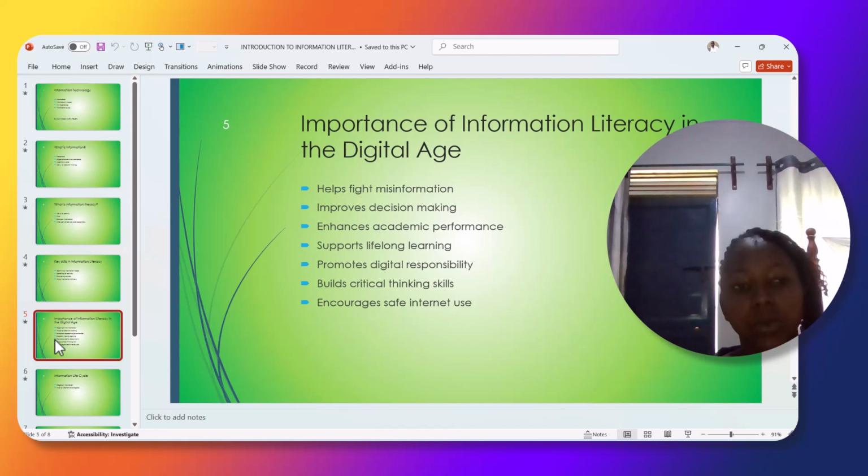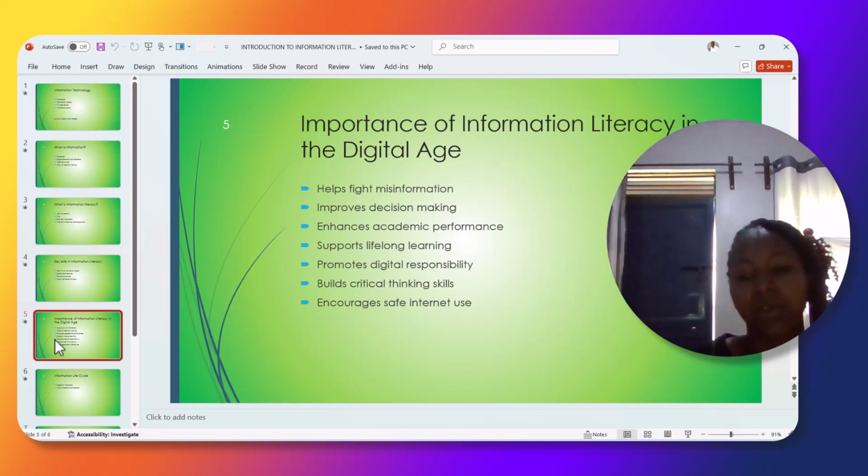You can go to Google or you can even go to YouTube and search. Maybe you can be in a group of people and then you hear someone say, hey, Michael Jackson's still alive. And you're like, but I thought he was dead. You can go to Google, you can go to YouTube and search.